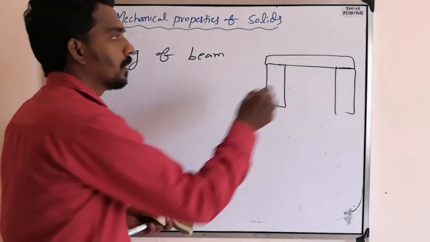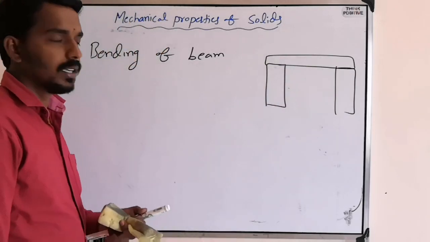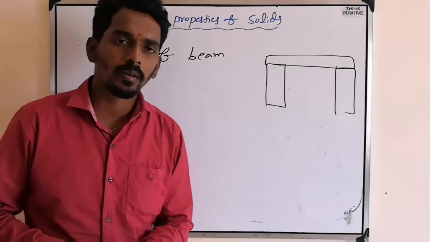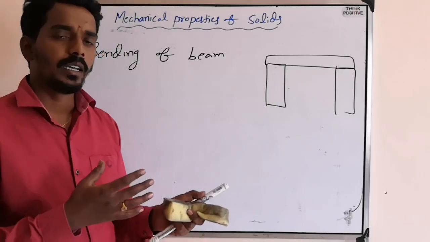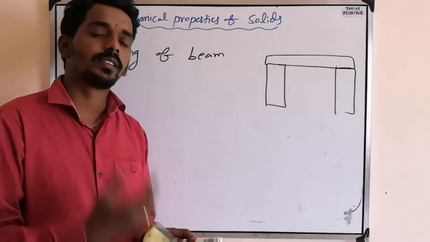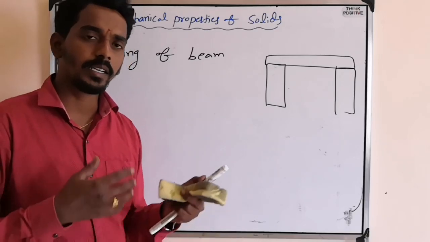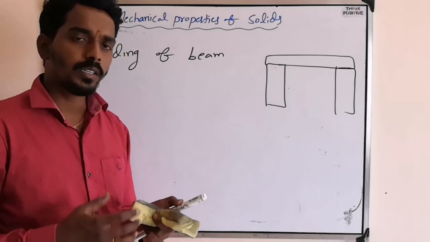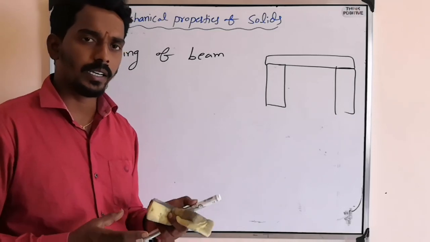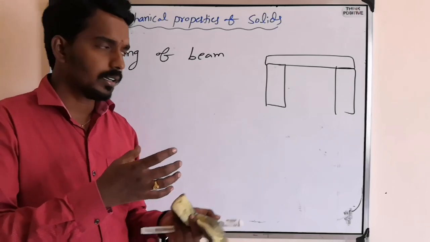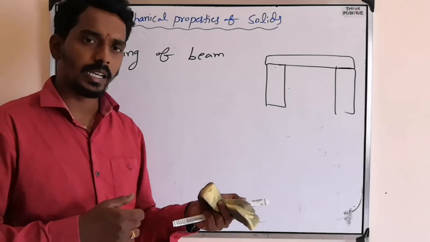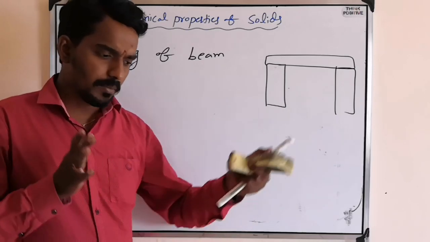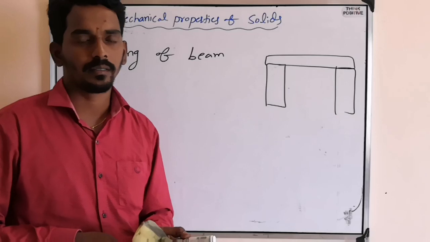See, the necessity behind the mechanical properties of solids is that it is related to civil engineering, which means construction. Every wire has some elastic limit and breaking point, so some maximum load it can bear.